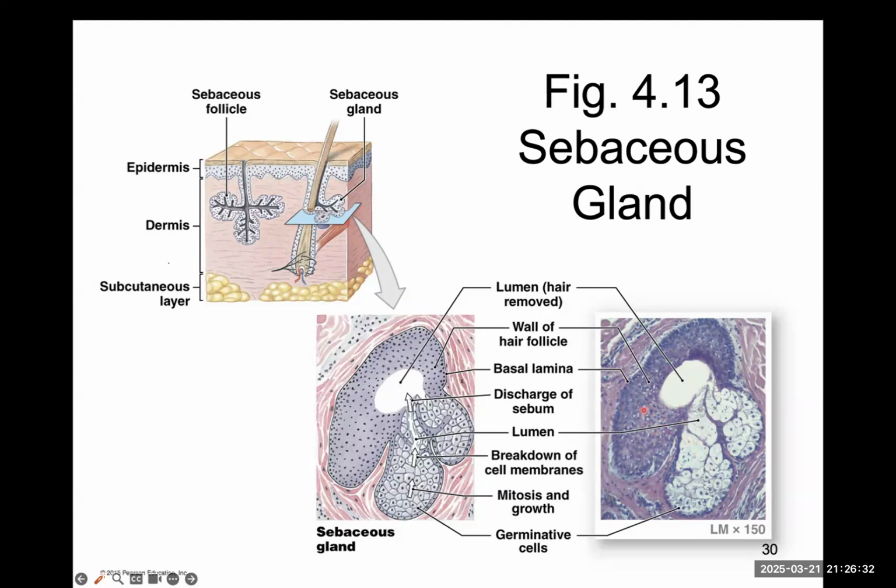The empty space is where the hair was, so it fell out. Right next to the empty spaces, you're going to have the sebaceous gland, and that's going to be secreting oil. If you squeeze the gland, it's going to cover the hair and release some oil near the hair in this area. And this opening in the middle, where the hair got removed, is called the lumen.